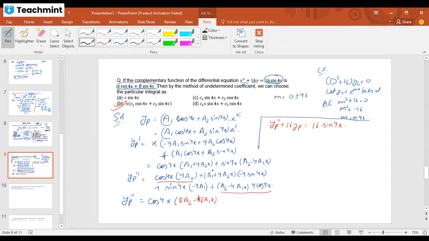And what about the coefficient of sin 4x? One term is this one, another one is this one. So minus 4a1 and minus 4a1 is minus 8a1, and minus 16a2x.